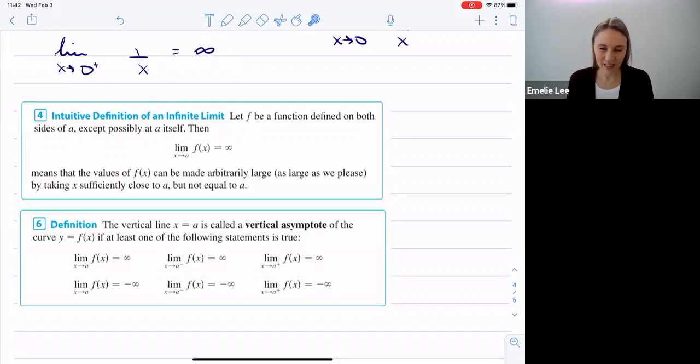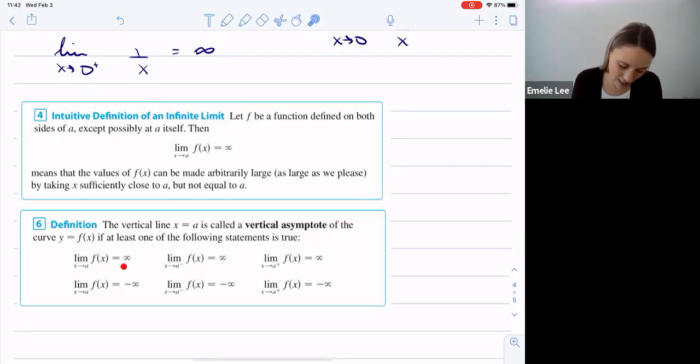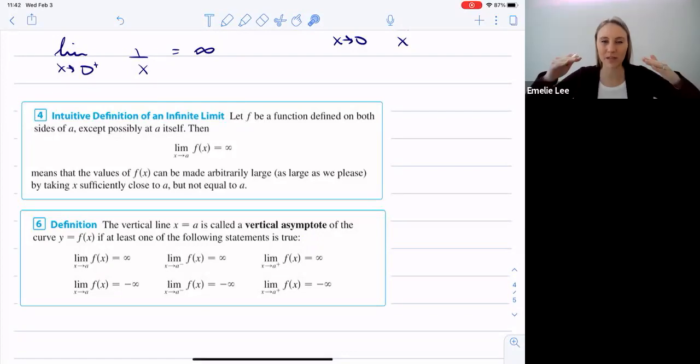So the vertical line, if you've got this kind of infinite behavior around x equals a, we call that a vertical asymptote if at least one of the directions or both are heading towards one of the infinities, positive or negative. So if at least one of these following statements is true: if the overall limit as x approaches a is positive infinity, it means that both the left and the right-handed limits are going towards positive infinity.